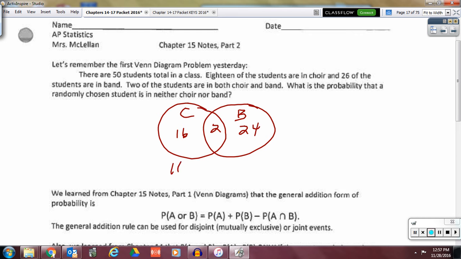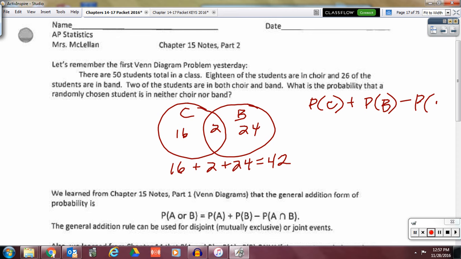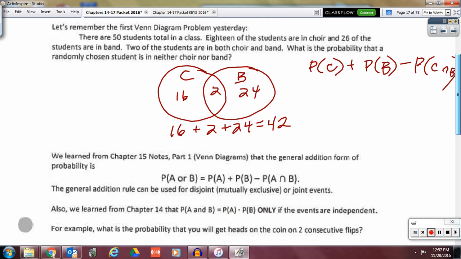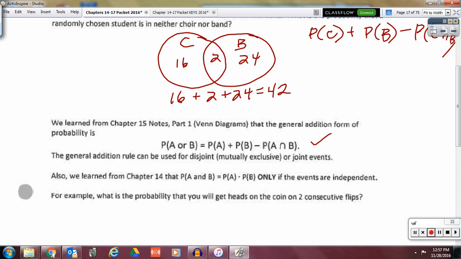You can either add up the individual parts, which you might do if you have the Venn diagram, or you could do the generic one, the choir plus the band, but then take away that overlap that got counted twice. That's what is demonstrated here: probability of A plus B minus A and B.